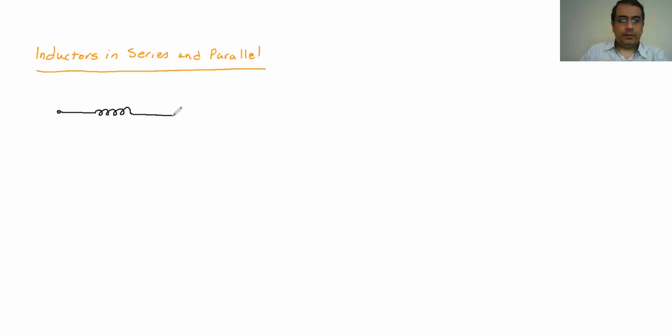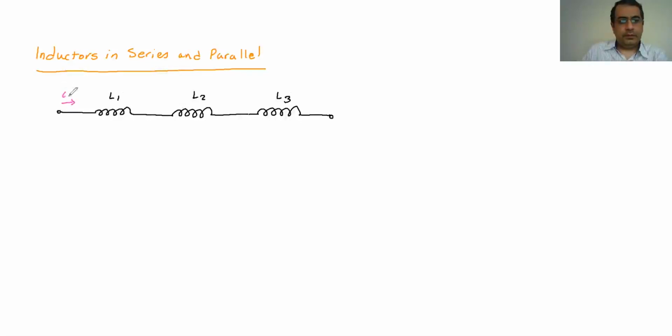So for example, assume I have 3 inductors in series like that. It's going to be L1, L2, and L3, and then the current I goes through this.